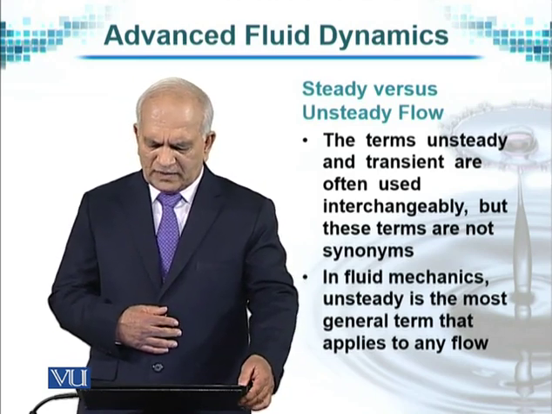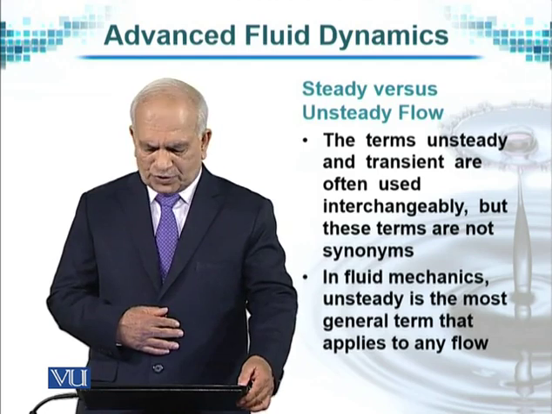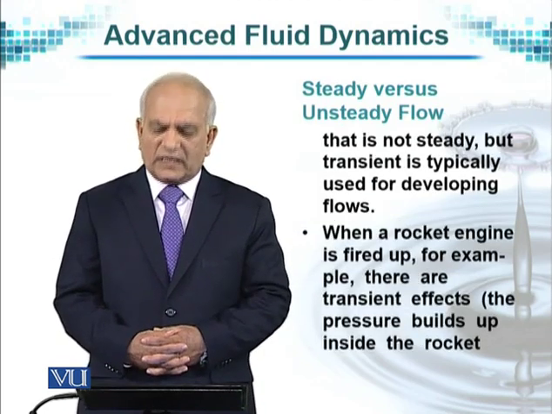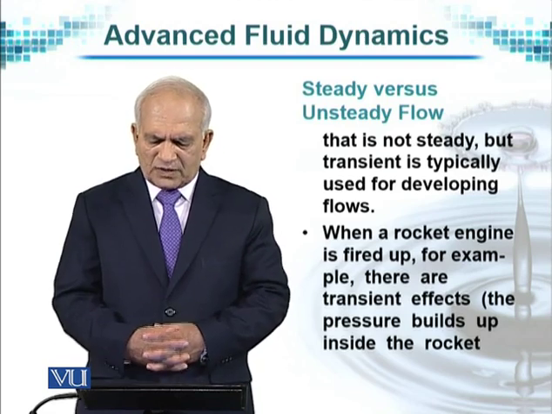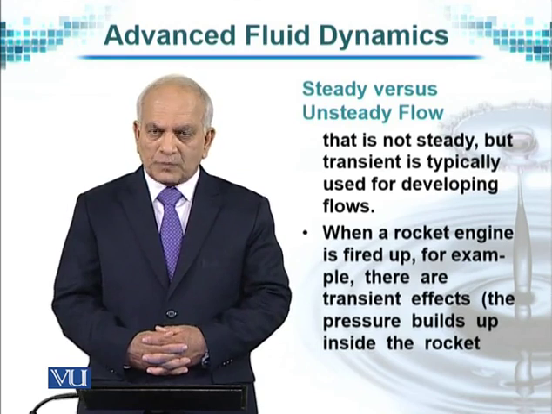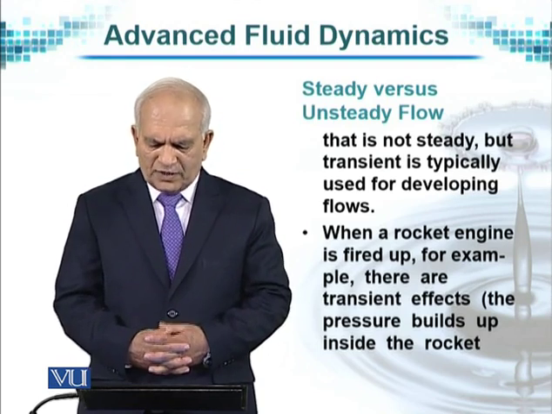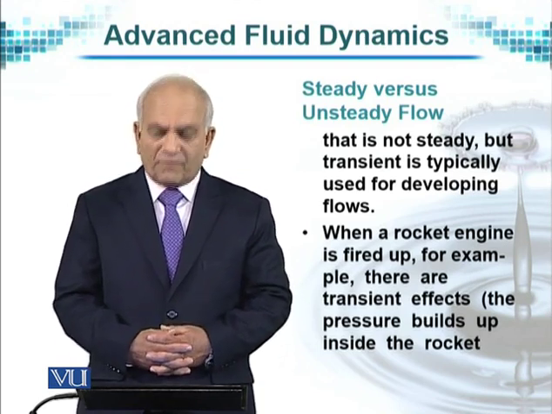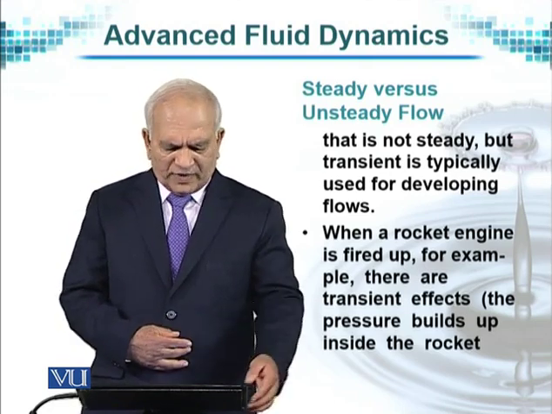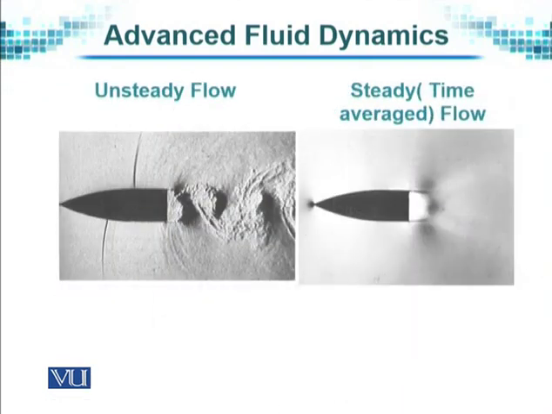In fluid mechanics, unsteady is the most general term that applies to any flow that is not steady, but transient is typically used for developing flows. When a rocket engine is fired up, for example, there are transient effects, and we will come to this picture a little later again.